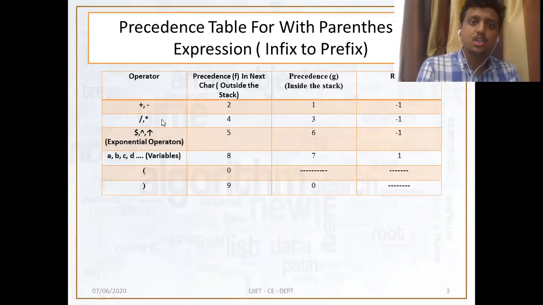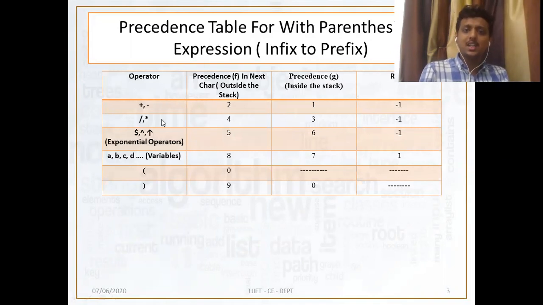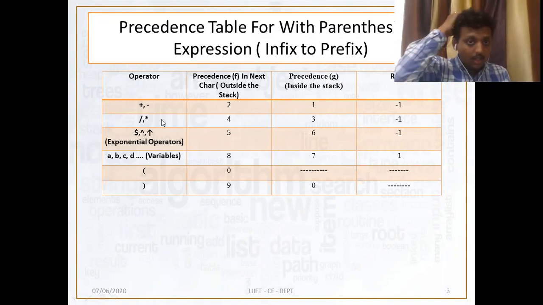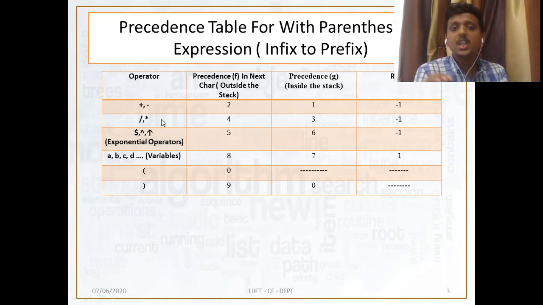In postfix conversion, the numbering goes like this: 1, 2, 3, 3, 4, 5, 6, 7, 8, 9, 0, 0 dash. But here, in infix to prefix conversion, the table is a little bit changed. Now we start 1 from here.